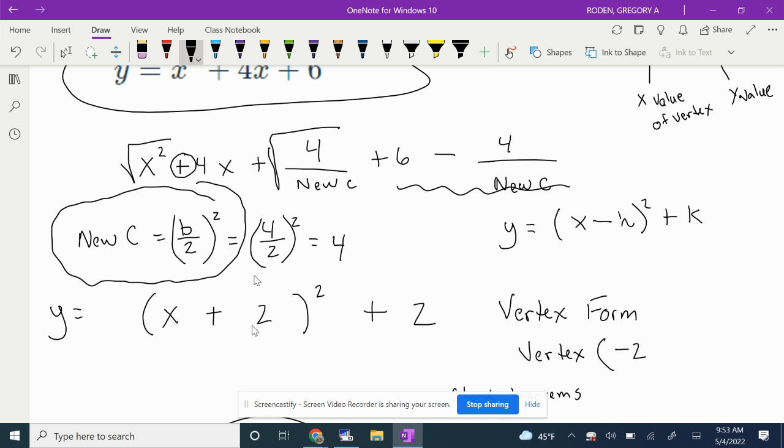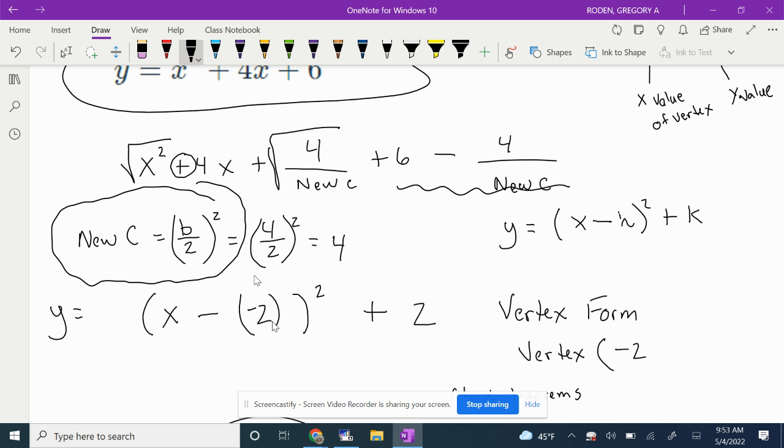So we have to do the opposite. If it's a plus, then if we wanted to rewrite it a little more out, this is really minus negative 2. Isn't minus negative 2 just plus 2? Right. So that's why we would say it's negative 2. You guys see that? That simplifies out to plus 2.